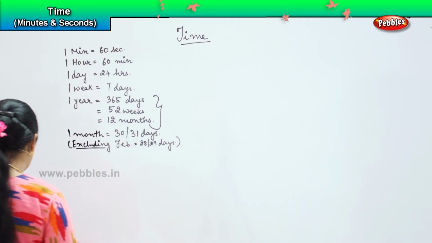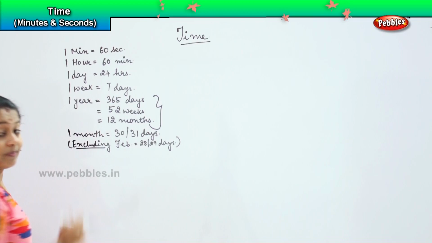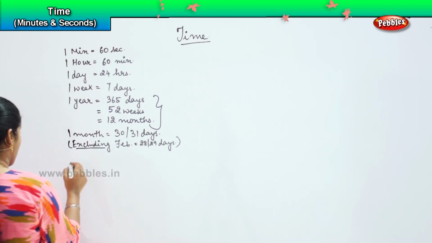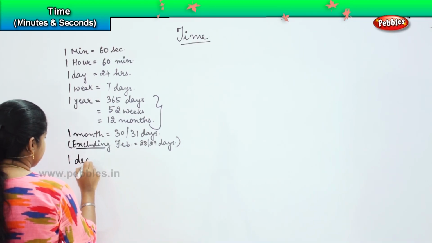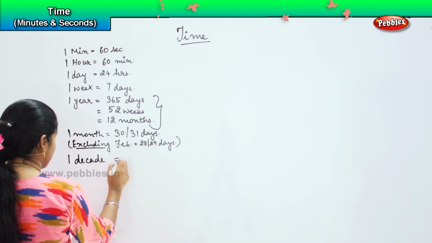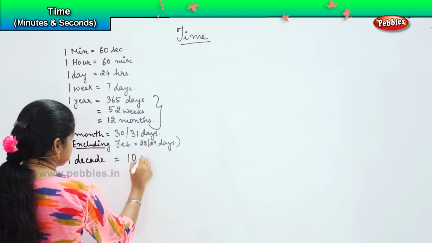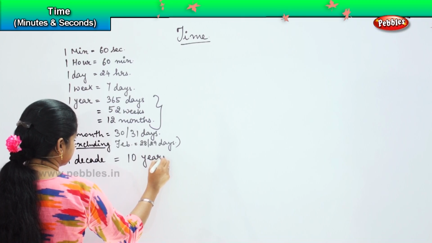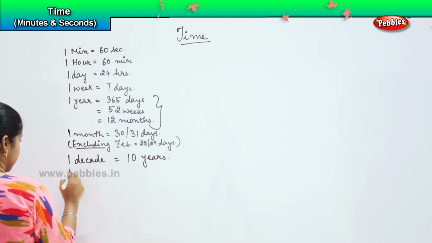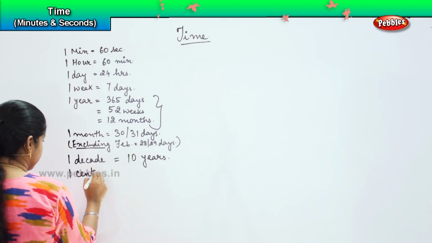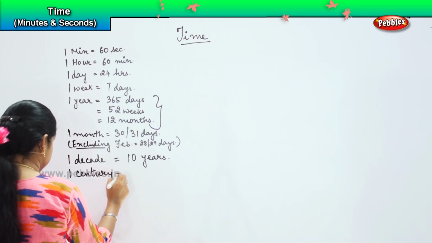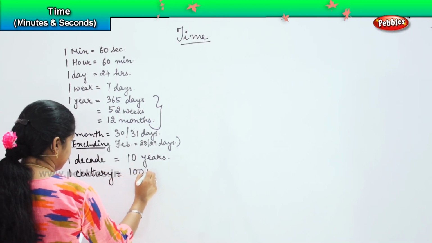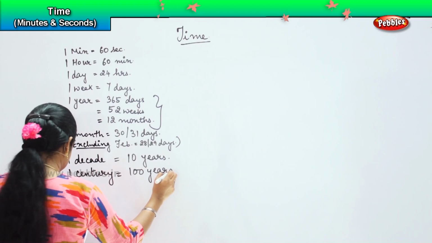Okay, and then the new one which we will be learning here is 1 decade is equal to 10 years. Okay, and 1 century is equal to 100 years.